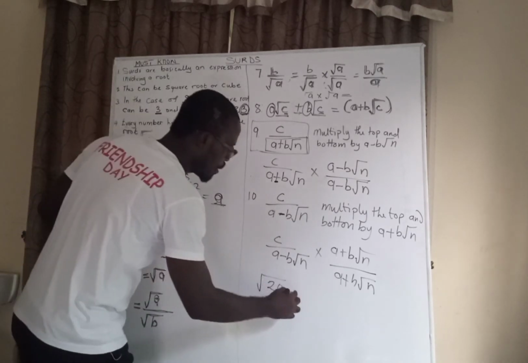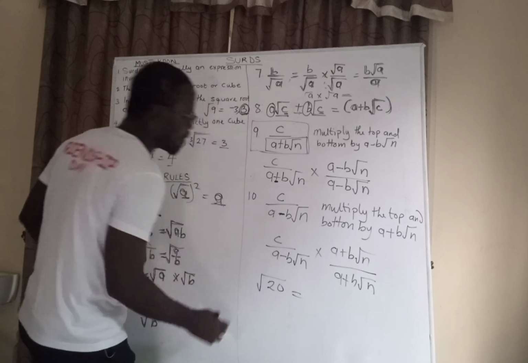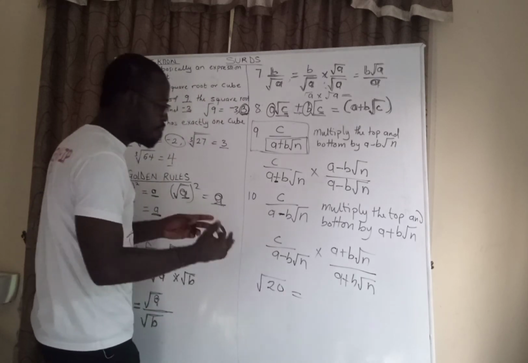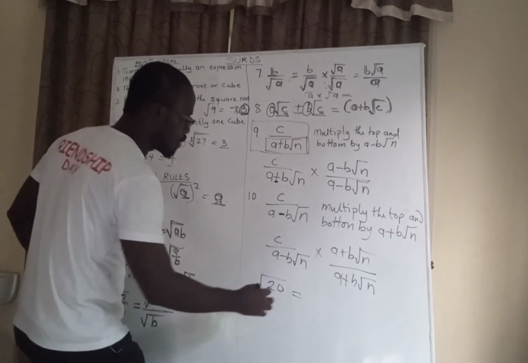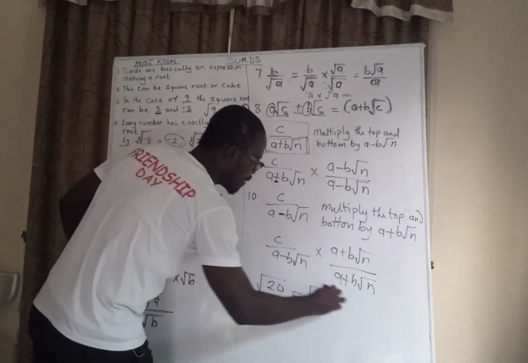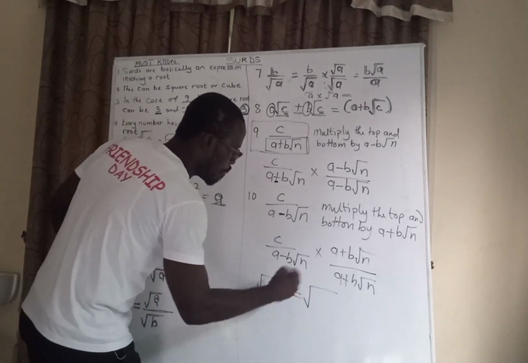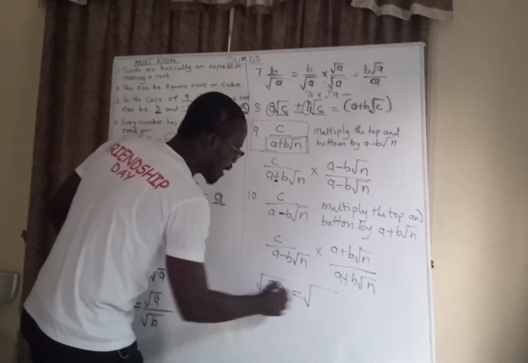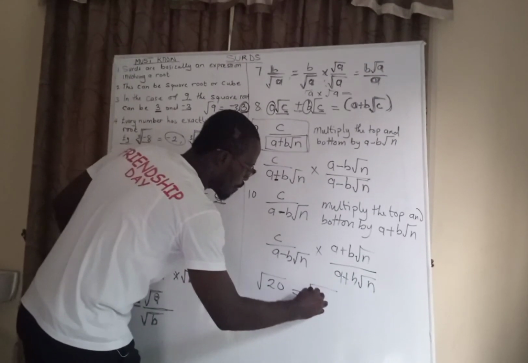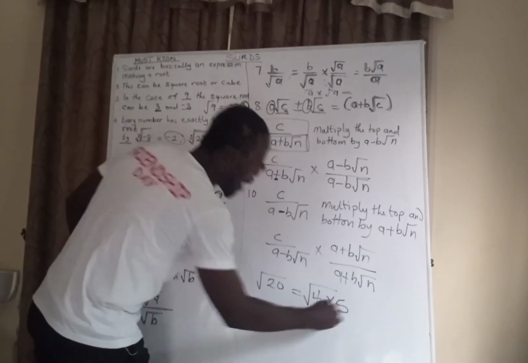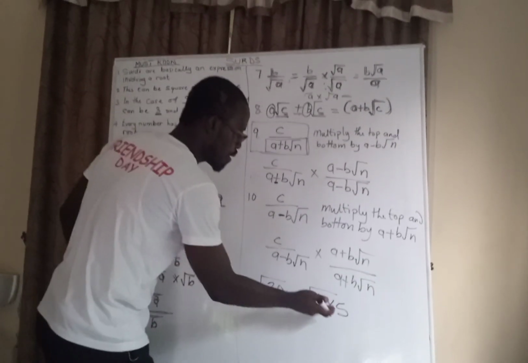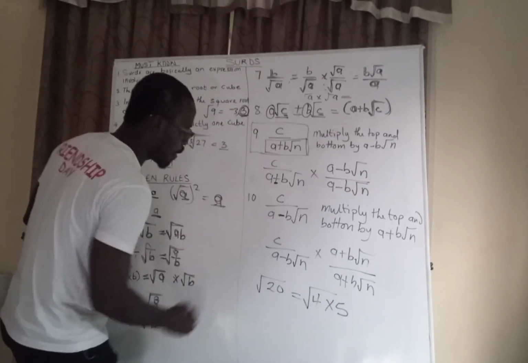The first thing you need to understand is that you have to find numbers that are going to help us get this expression. So I will expand first. I'm looking for numbers that can give me a square. So I have 4 times 5.